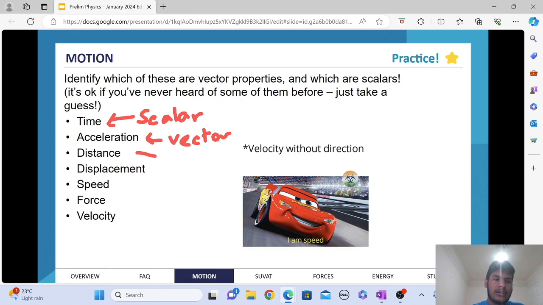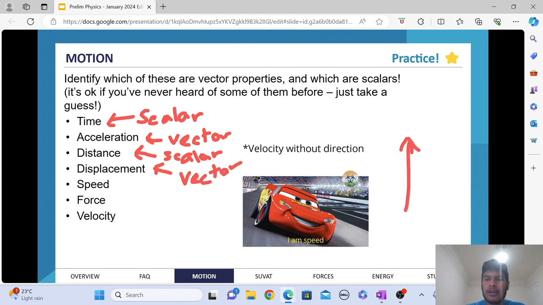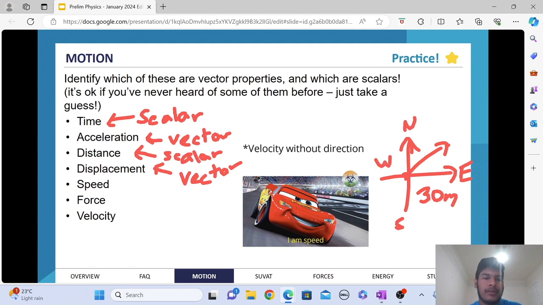So if you say 2 points are 10 meters apart, that's a distance, whereas displacement is a vector, because if you have a coordinate plane, you could say you're going from here to here, 30 meters northeast, for example. So that is a vector. Displacement would be something like 30 meters northeast or 30 meters to the right, whereas distance is just a scalar. You've got 30 meters.